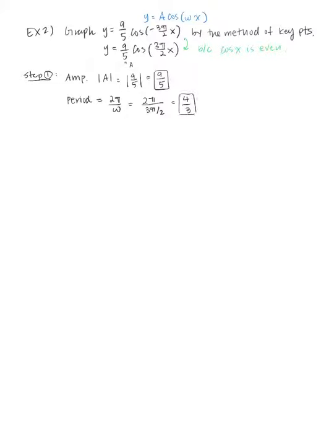Now let's go with step 2. What they want you to do is divide 0 to 2 pi over omega, which is 0 to 4/3, into 4 subintervals of equal length.